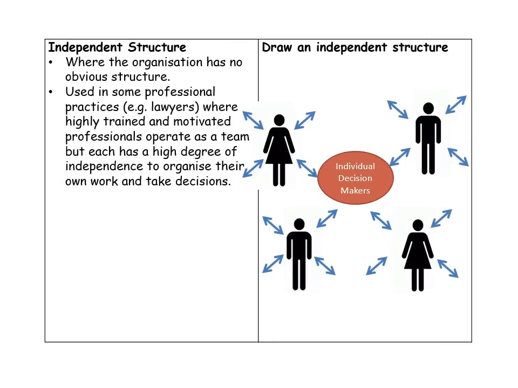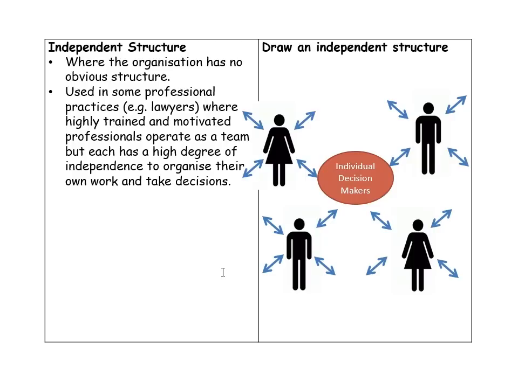And then finally, nearly at the end, is your independent structure. And there's no obvious structure to this. It's just where maybe these people are at a similar level, as used in GP practices or solicitors. And they're maybe specialists in their own fields, and they make collective decisions. So it goes very well with the democratic style of leadership.